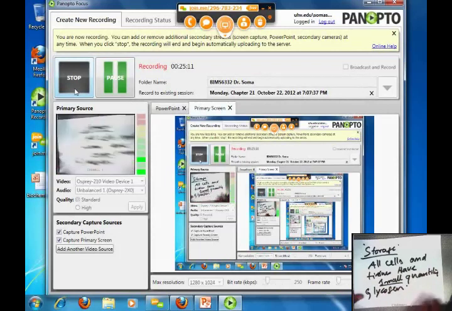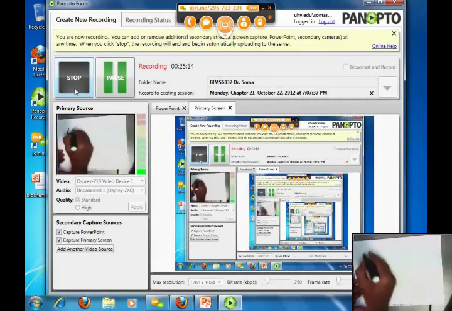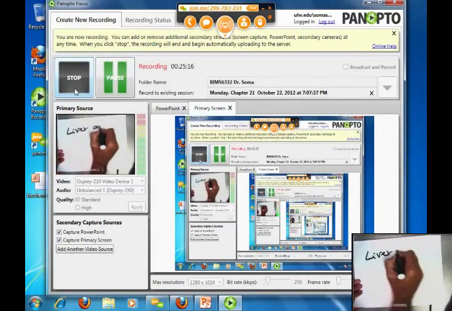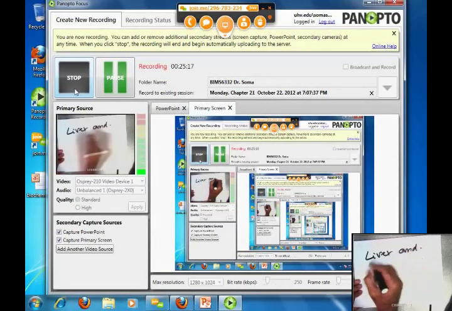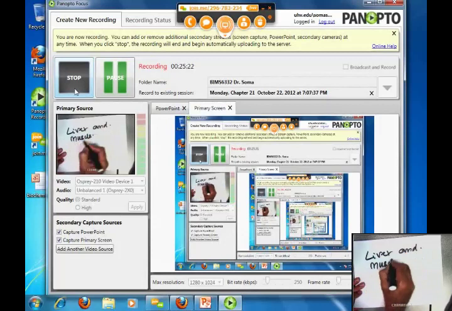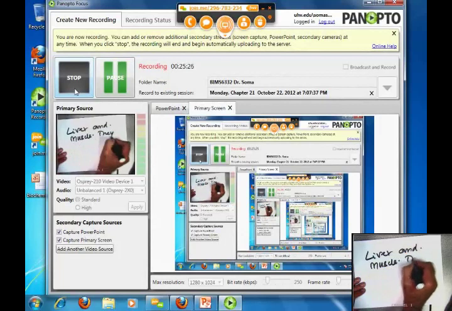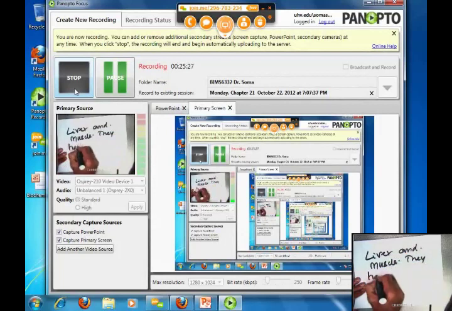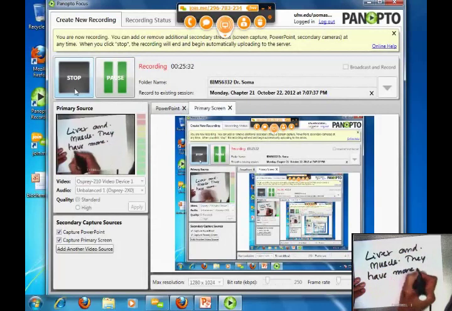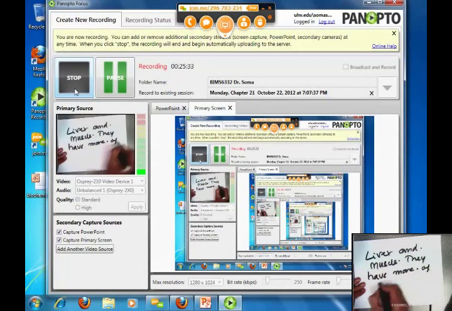But mostly the liver and muscle have more stored glycogen.